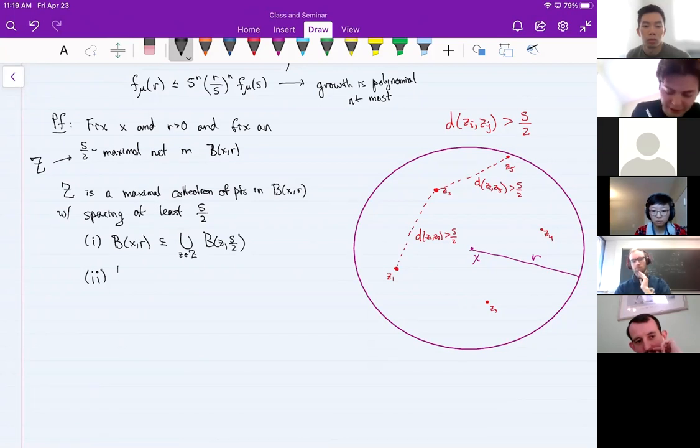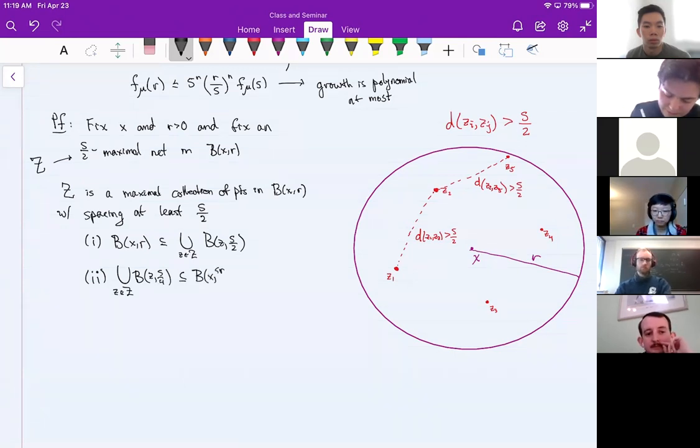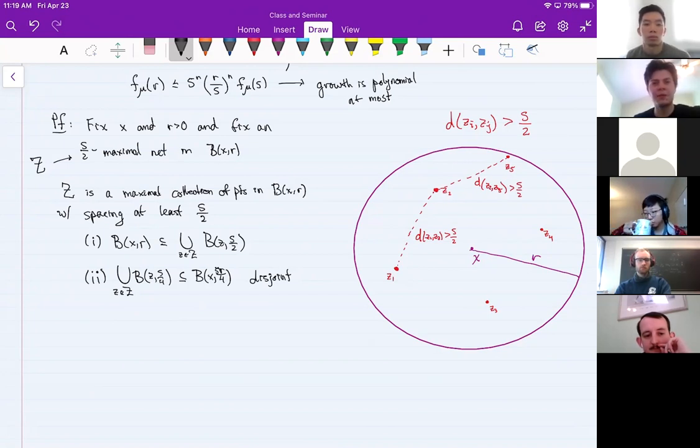And point 2, I can write, is that the union over z in Z of the balls of radius s/4 is contained in the ball of radius 5r/4, and this is a disjoint union. Okay, so the reason the union on the left is disjoint is just because of the spacing condition.